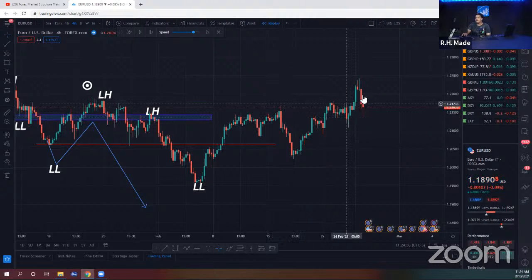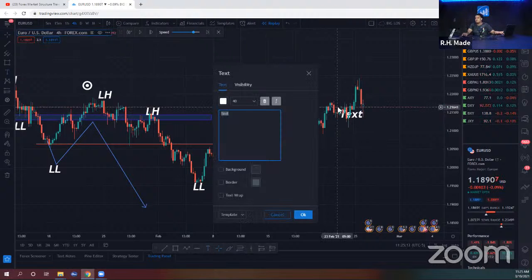But you see right here, the previous lower high has been broken. So now we know the downtrend is most likely over. It's coming to retest the previous lower high area right here that it just broke.